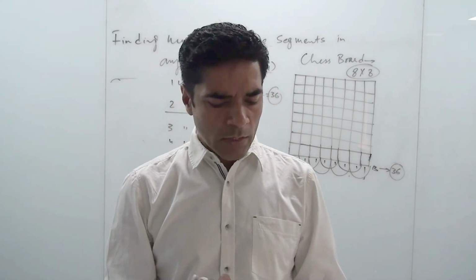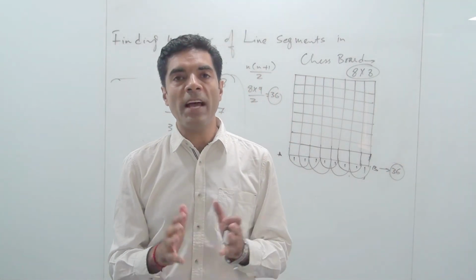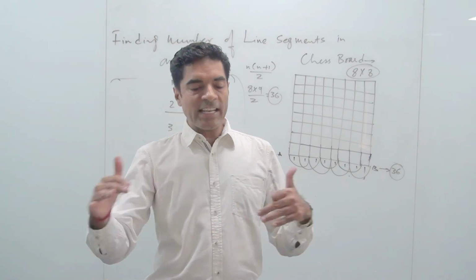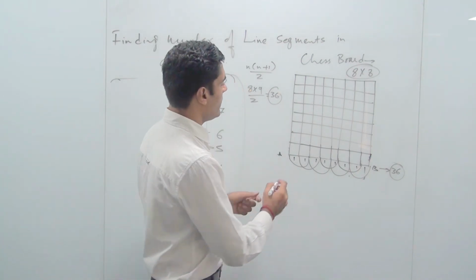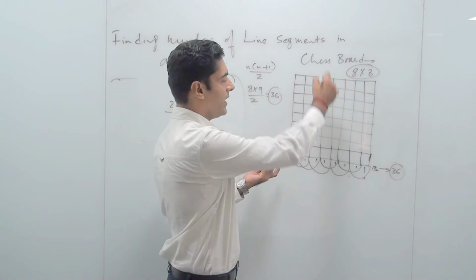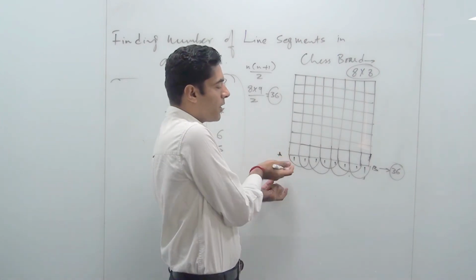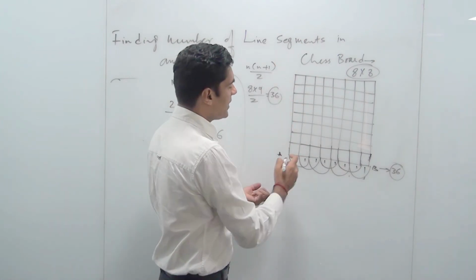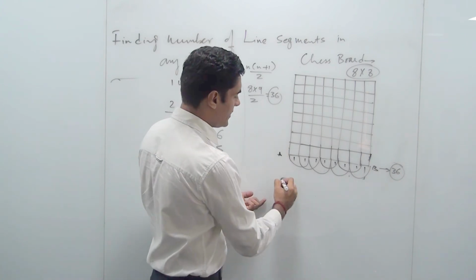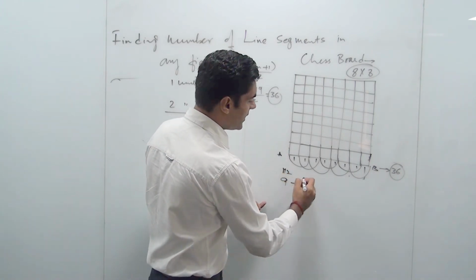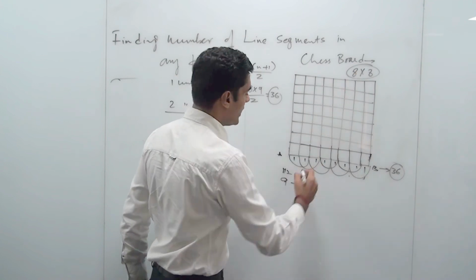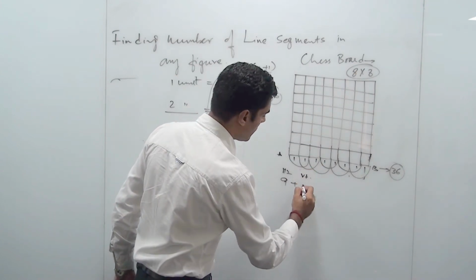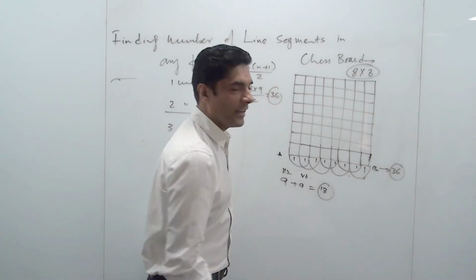Now we'll have to generalize. We'll have to apply some mind. In a chessboard, which is an 8 by 8 grid, we have horizontal lines and vertical lines. If I count the number of horizontal lines, there are going to be 9 such horizontal lines, and similarly 9 vertical lines. So there are a total of 18 lines.